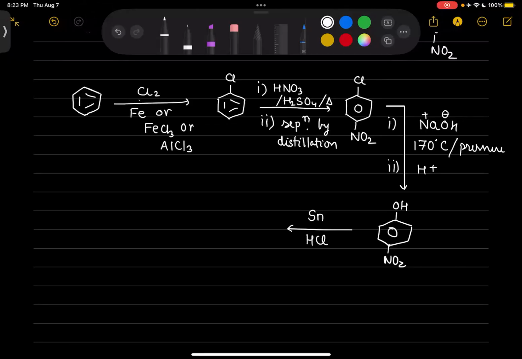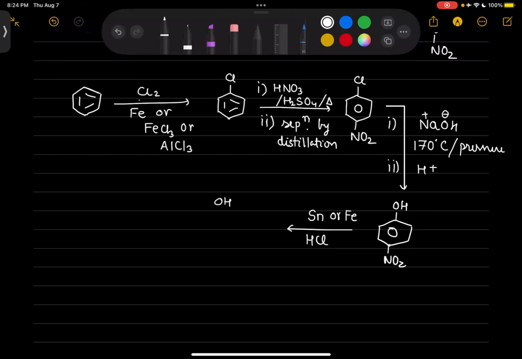This is not taught yet, but very quickly we are going to start with amines and all. So this is tin and HCl or Fe and HCl. These metal and acids are the reducing agents. The metal is going to give the electrons and the H plus is giving H, so that NO2 will change to NH2.